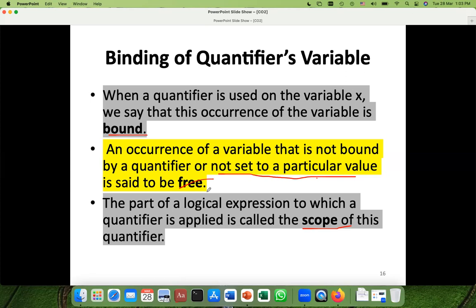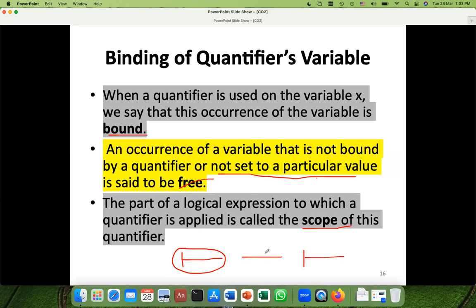And scope is what? If you have an equation, for example, with three parts, and in one part you are using some quantifier, in another part you are not using any quantifier, and in another part you are using some quantifier again, then the scope of the first quantifier is only its part of the equation.